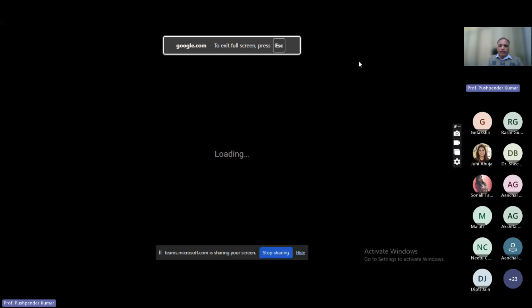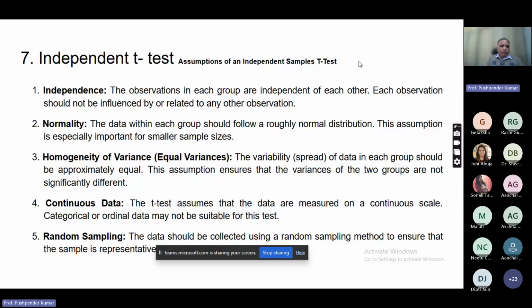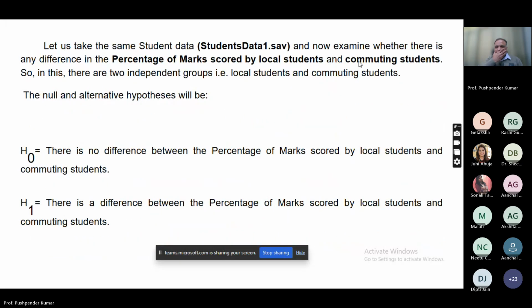Great. And the third type is the independent t-test. On average, the assumptions are the same. In this case, the samples would be independent, like section A and section B. Here, instead of section, I have taken local students and commuting students.